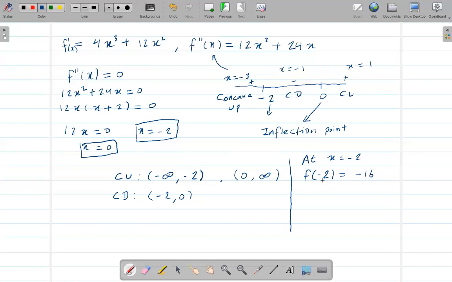That's one point, so the inflection point is (-2, -16). And at x equals 0, f of 0, from the original equation, will be 0, right? So another inflection point is (0, 0), which is also an IP, or inflection point.